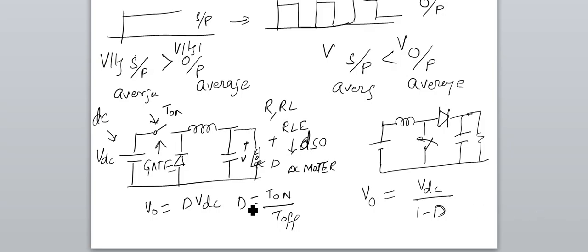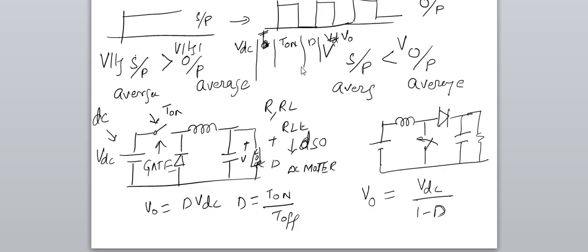For the table configuration, if you have to draw the table, the observation table has VDC, total time, that is the switching frequency, T on, duty cycle, and V0.